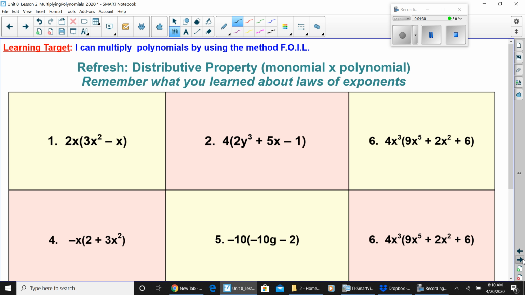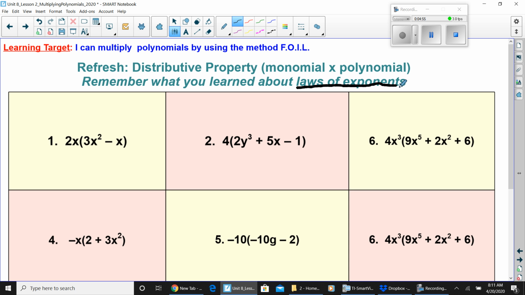So the next couple of problems here, there's actually 6 problems. Well, I'll just go through a couple with you, and then you could go ahead and do this on your own. Remember, when you multiply, this is the laws, going back to the laws of exponents.